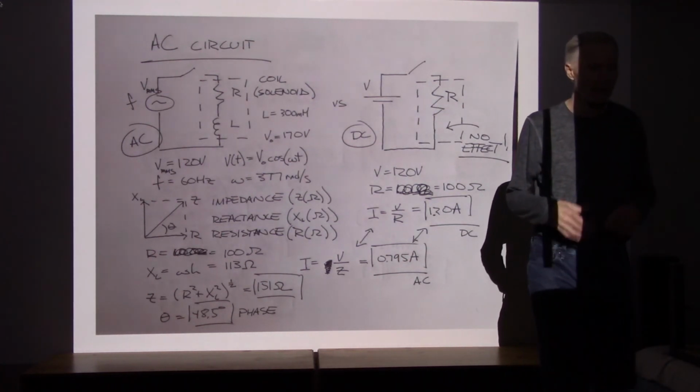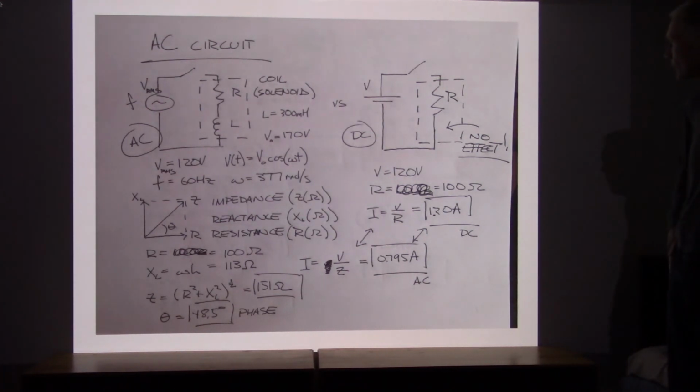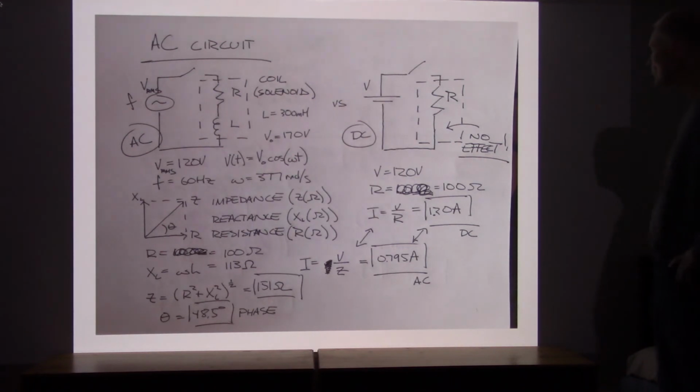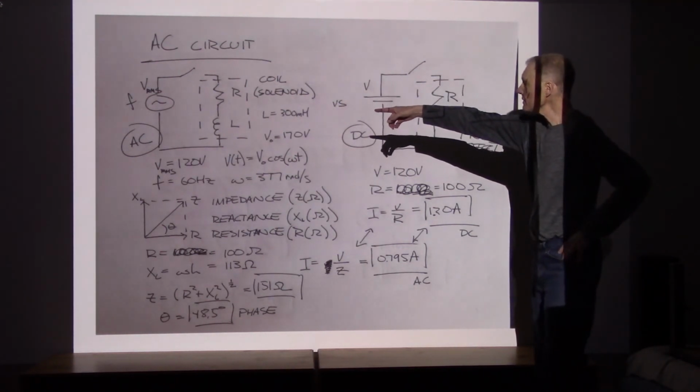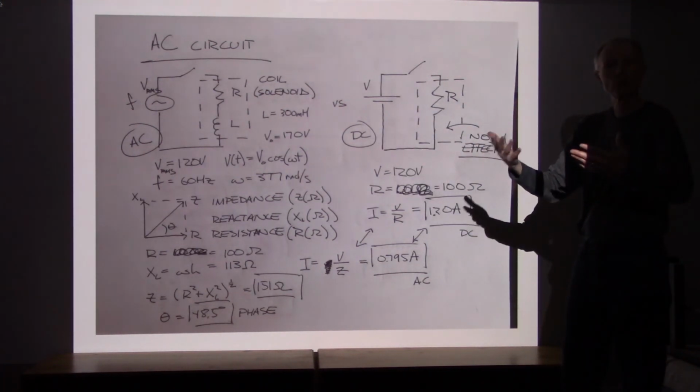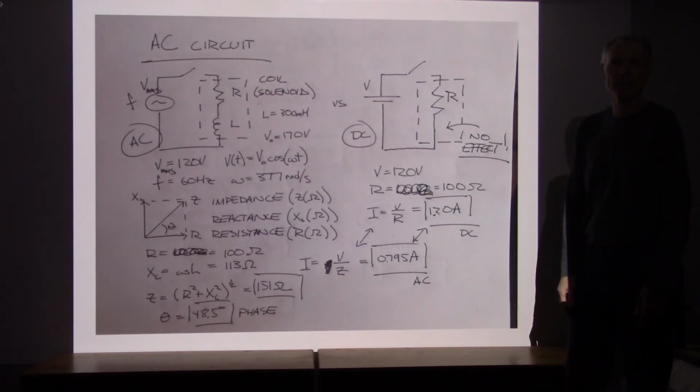And that's an RMS value for the current, and it's reduced because in the AC case, the inductor is creating additional impedance effects, additional resistor effects. And that's how it works.